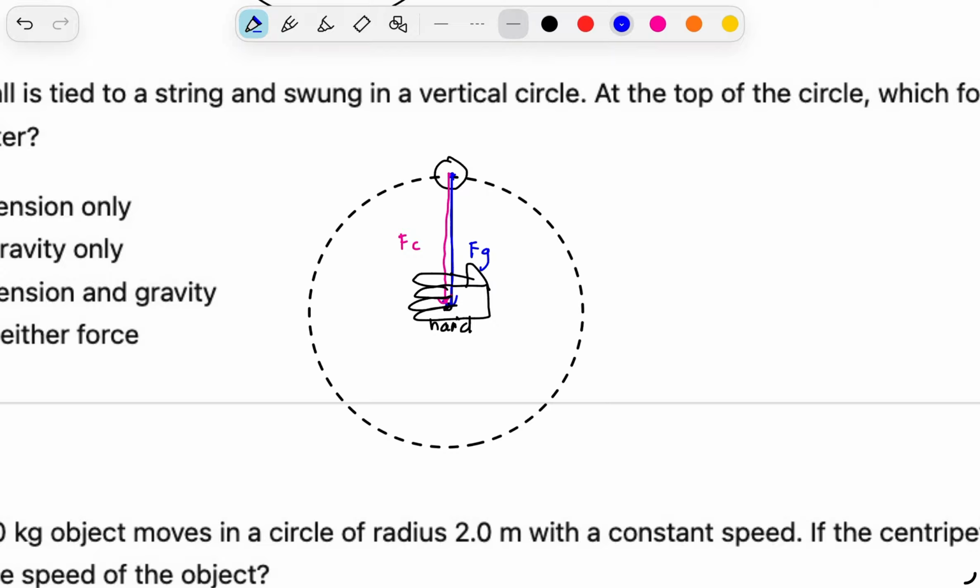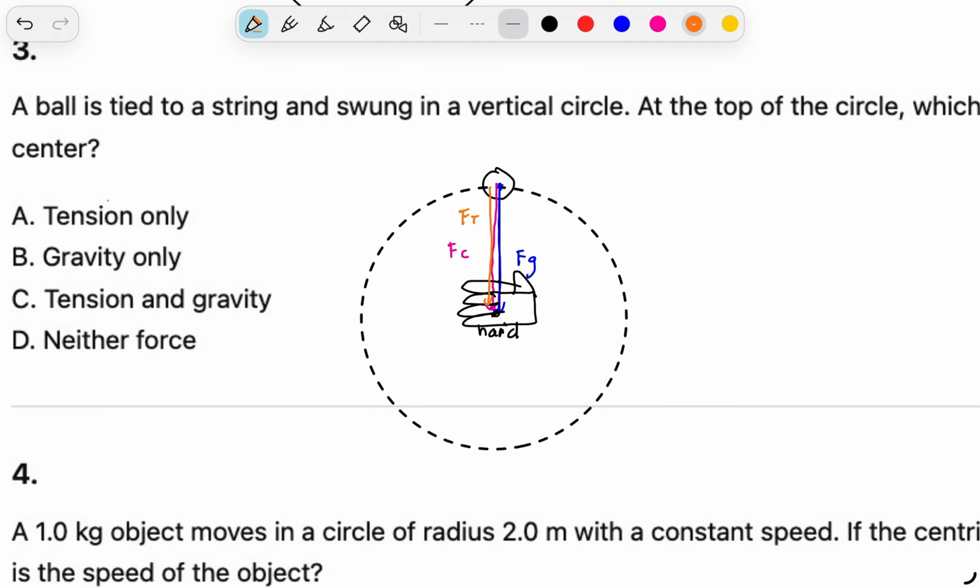You have your force of gravity that's acting down, and you also have your force of tension, which is acting down as well. Your tension force is just the string of your ball.